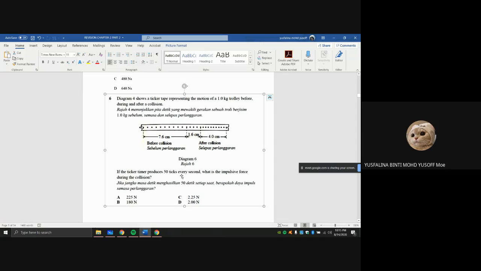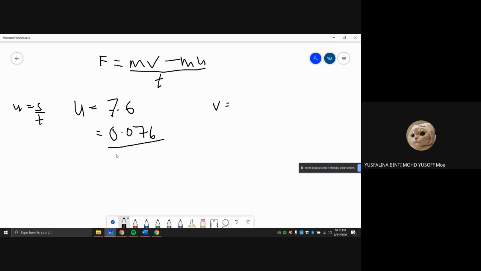So there are 10 ticks. One tick is equal to 0.02, so 10 multiplied by 0.02. After that you calculate, you got 0.38, isn't it?